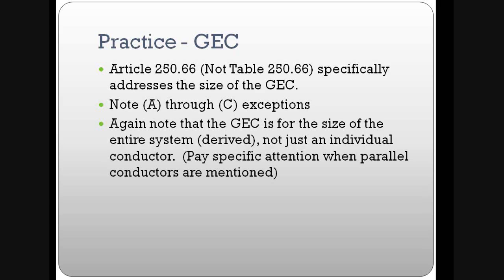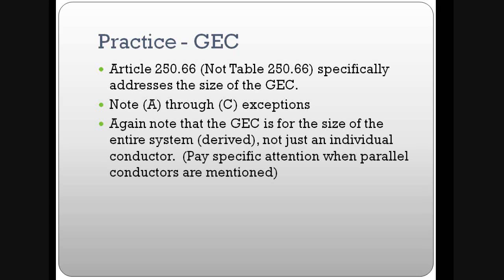However, it's interesting to note that (A) through (C) give you exceptions for the sizing of that grounding electrode conductor. As we bring our grounding electrode conductor to something such as a ground rod, it tells us that the maximum size is a number 6 copper.